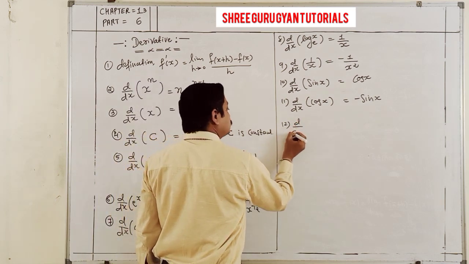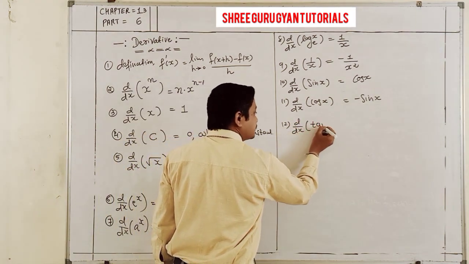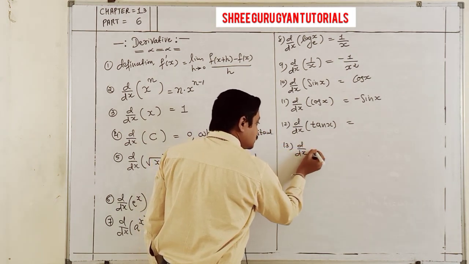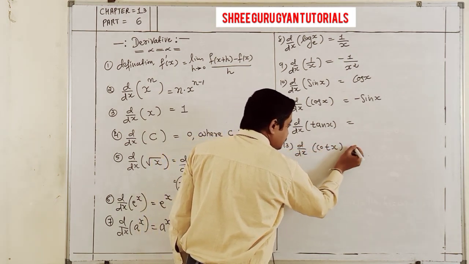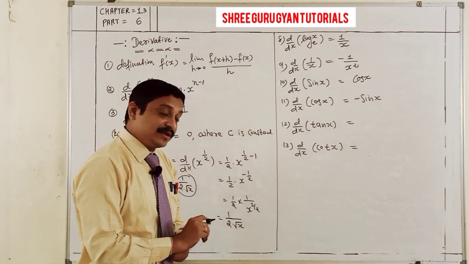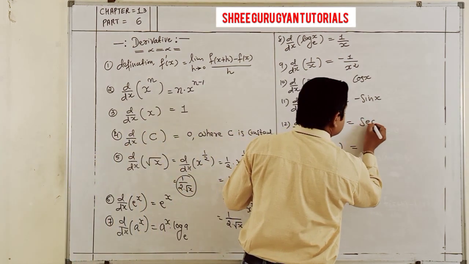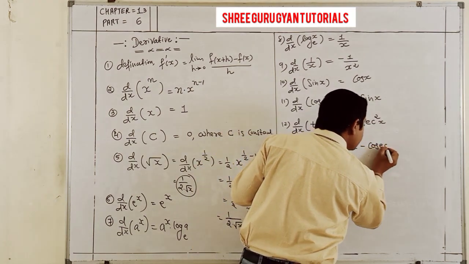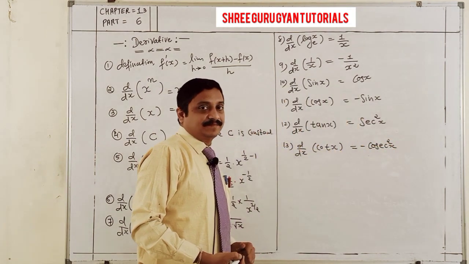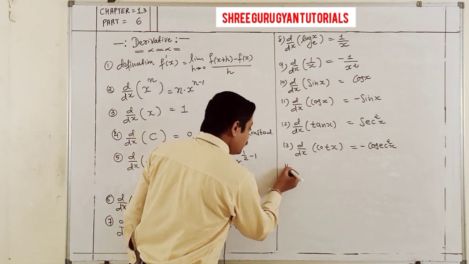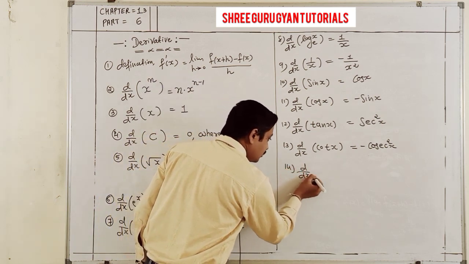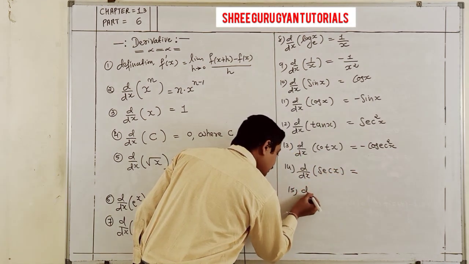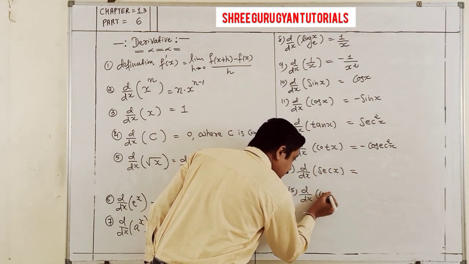12th, d/dx of tan x, and 13, d/dx of cot x. Now tan derivative is sec square x and cot derivative is minus cosec square x. Now continue 14, d/dx of sec x, and the 15th one, d/dx of cosec x.